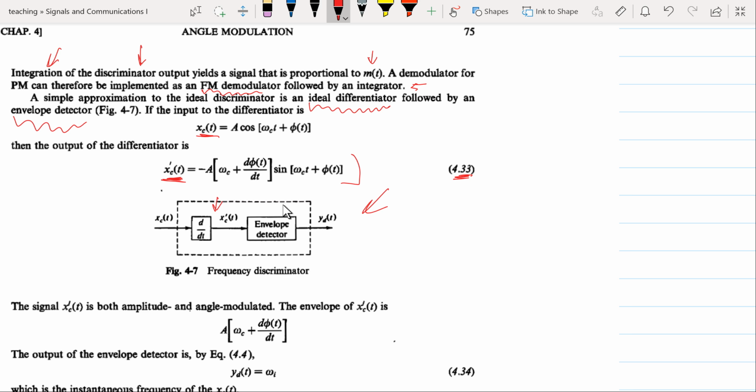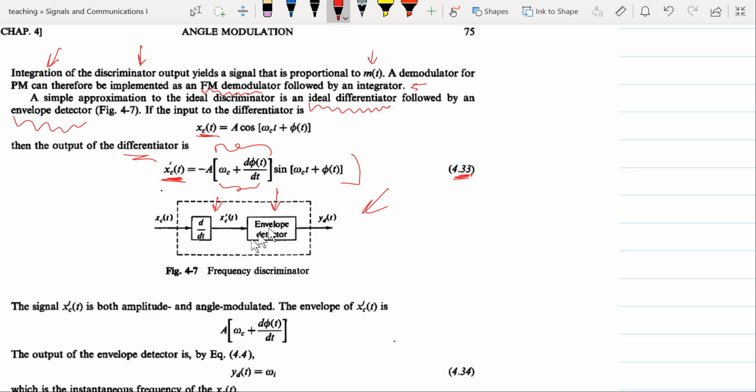When we follow this with the envelope detector, this detector will detect the amplitude changes resulting from the derivative, the output of the differentiator, which is this term. Therefore, it is able to detect the envelope of this amplitude, which is defined as this.